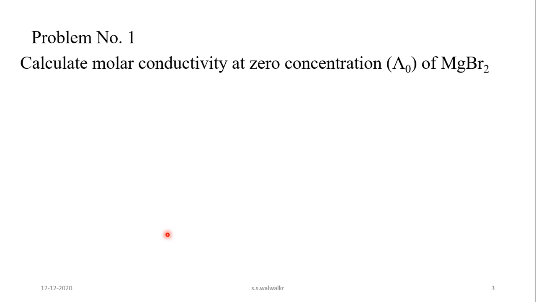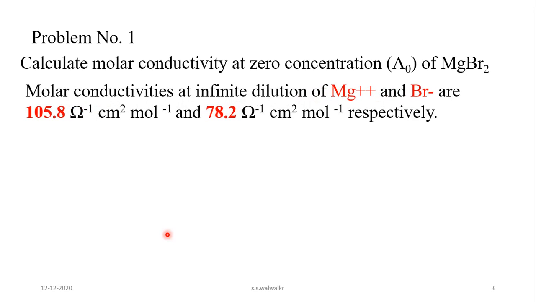Calculate the molar conductivity at zero concentration of magnesium bromide. The molar conductivity at infinite dilution of magnesium ion and bromide ion are 105.8 Ohm inverse centimeter square mole inverse and 78.2 Ohm inverse centimeter square mole inverse respectively.